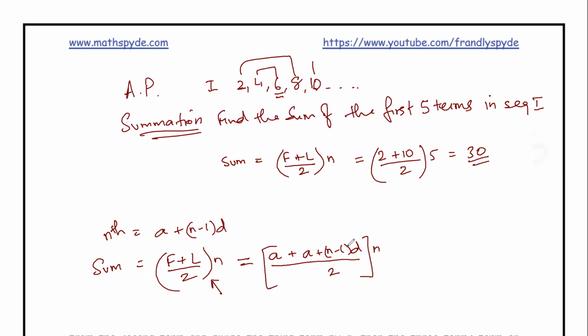Obviously you simplify it further, so you have 2a plus n minus 1 d, divided by 2, and you end up getting n times 2a plus n minus 1 d over 2. You get a formula like this for the sum.